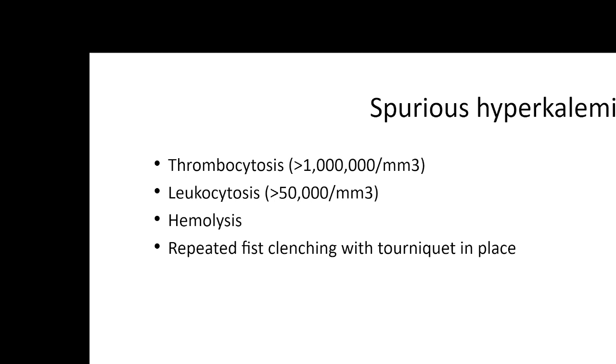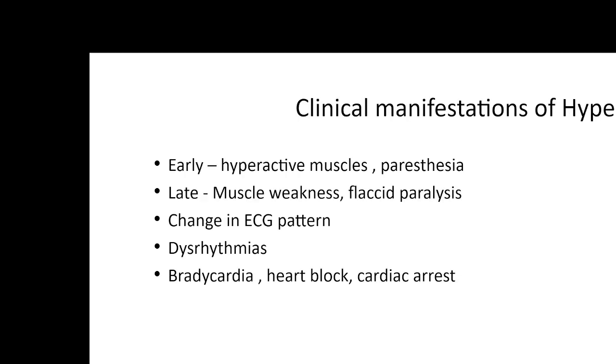A temporary hyperkalemia may be seen in a blood sample taken from a hand where a tourniquet is placed and the patient is made to clench the fist for a long duration, repeatedly, and because there is stasis, the venous blood may have an increased potassium level, and that can again result in an error of assessment that has to be accounted for.